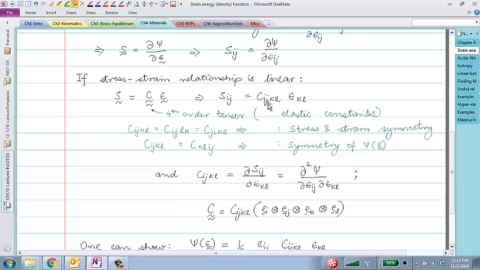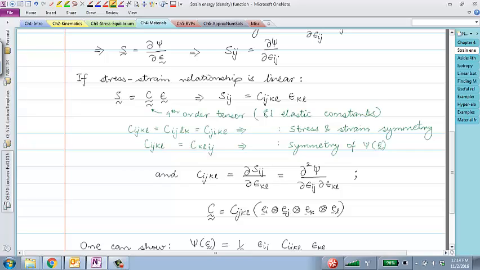There are 9 strain components and 9 stress components, and for any one of the stress components you have 9 different strain components to relate to it. So there are 9 times 9, 81 material constants to define.